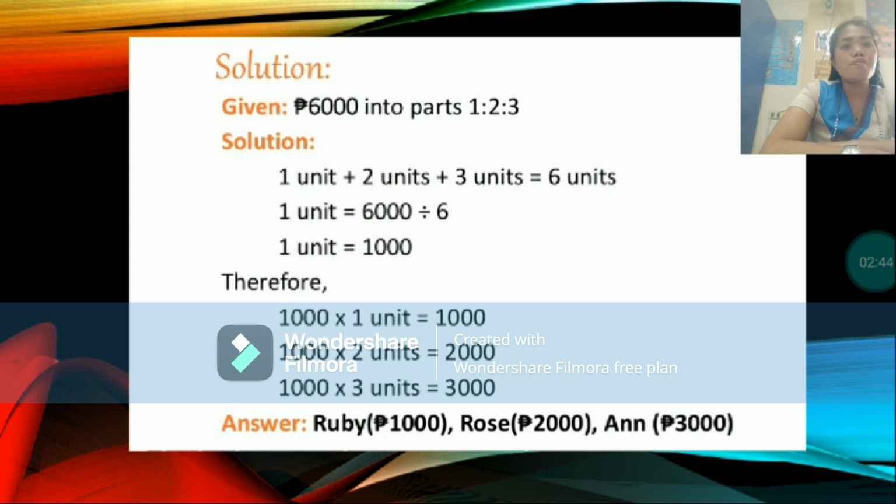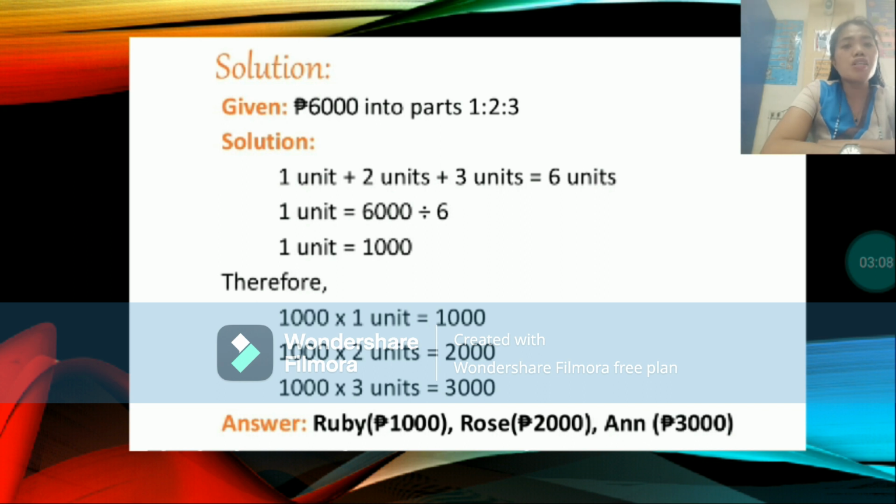So we have 1 unit plus 2 units plus 3 units, that is equivalent to 6 units. So the number of units will be the divisor of the total amount. So 1 unit is equal to 6,000 divided by 6, so 1 unit would be 1,000.